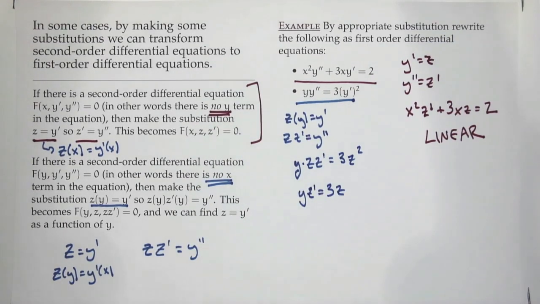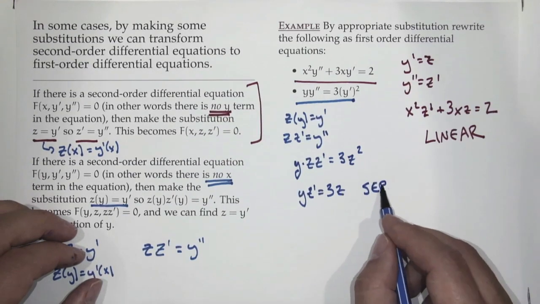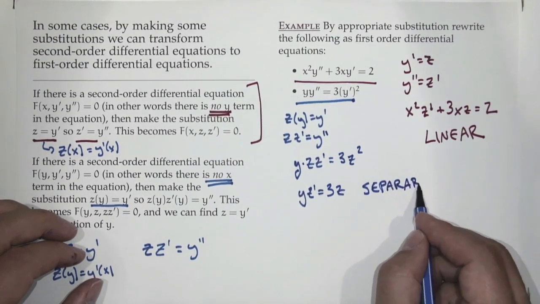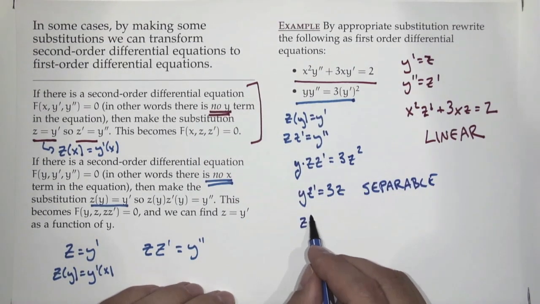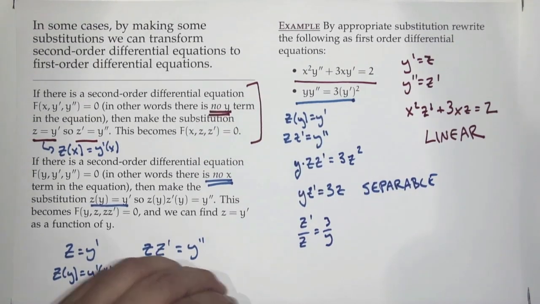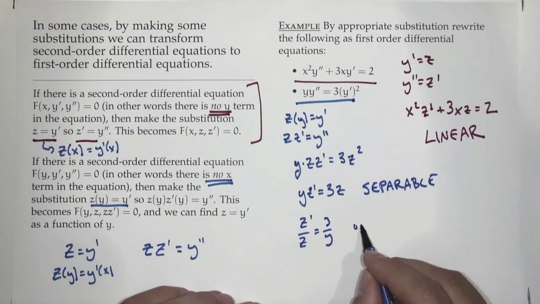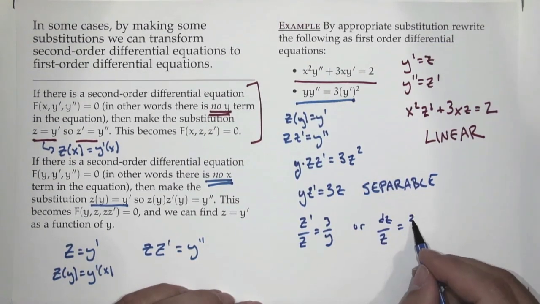What kind of equation is this? This is separable. You can separate the variables. And so, for instance, you would say z prime over z is 3 over y. Or you write this as dz over z is equal to 3 over y dy.